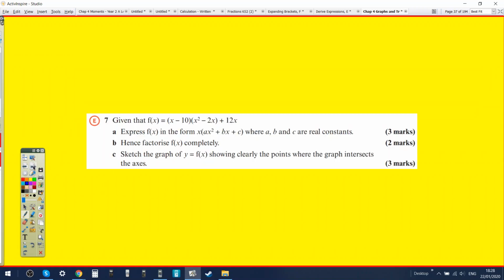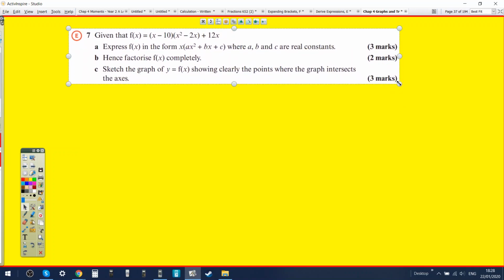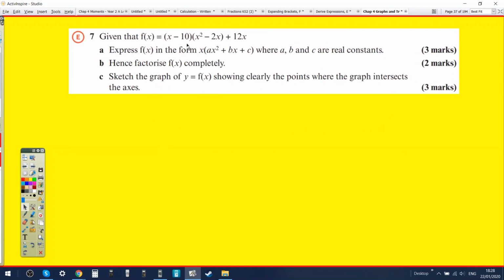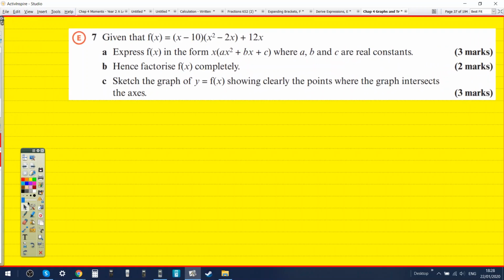Okay. Let's see. Let's factorize completely. How would we do question A? Is it like a function?